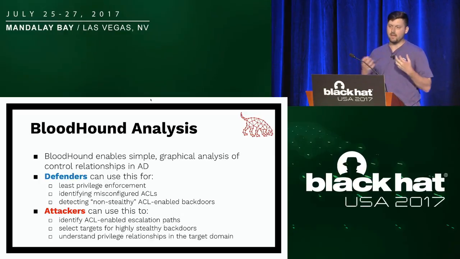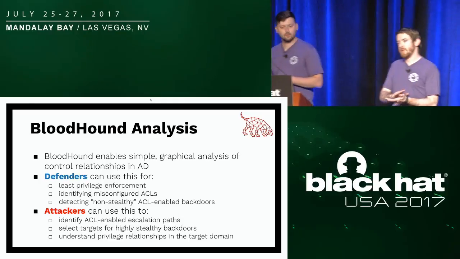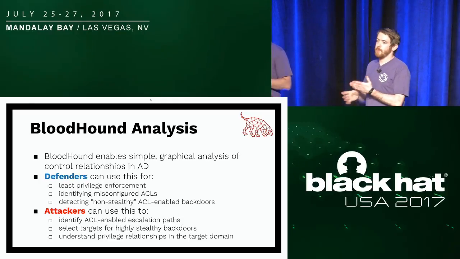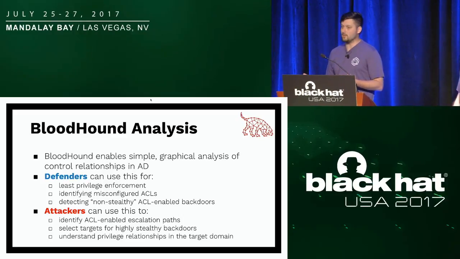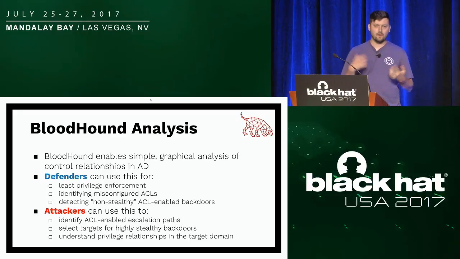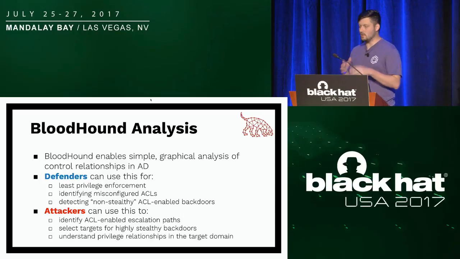We're not pulling in every single ACE on every single object. It's also not 100% complete. There's a few additional control relationships, specifically GPOs, that we're in the process of implementing. So as for defenders, we hope that this is useful for finding malicious backdoors, for enforcing least privilege, and for hopefully detecting some of the non-stealthy DACL-based backdoors.